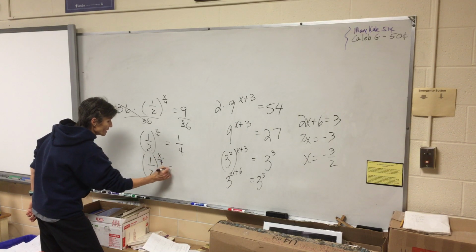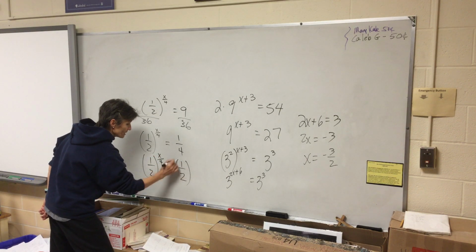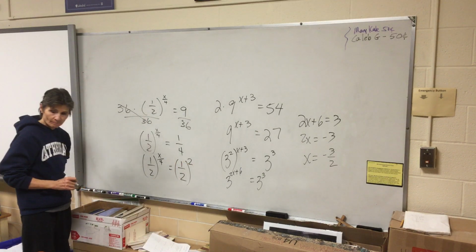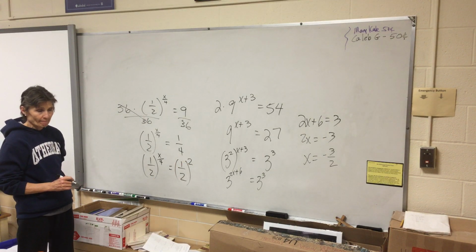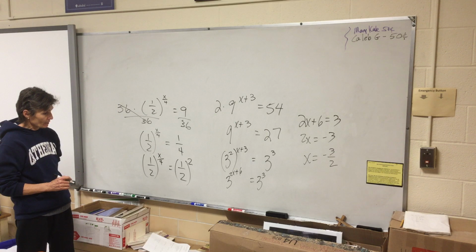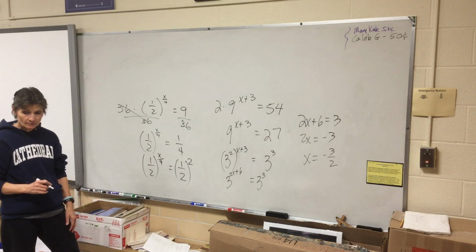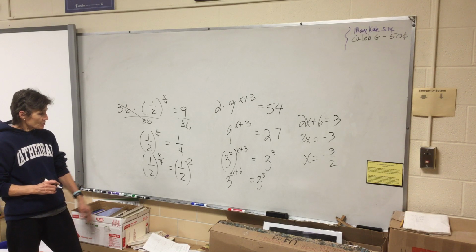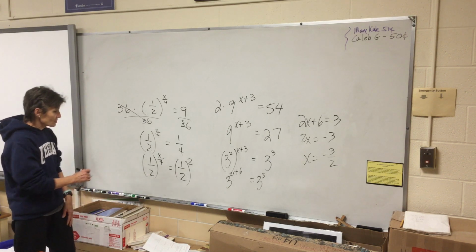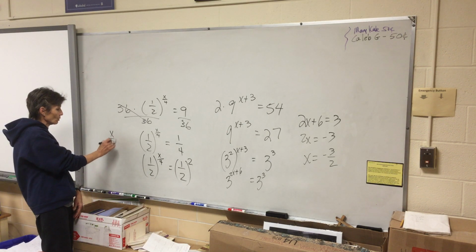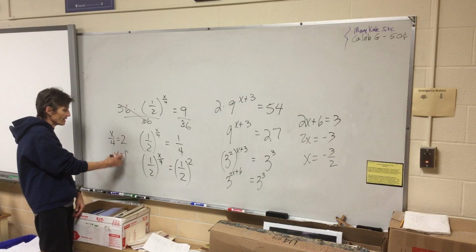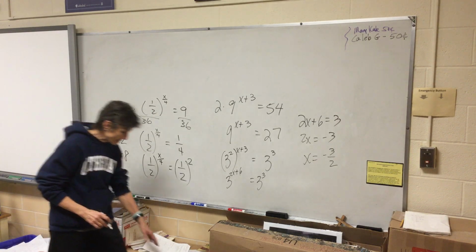That's right. But 1/4 is 1/2 squared. Right? 1/2 times 1/2 would be 1/4. So now we have the same base. So x over 4 equals 2, and it looks like our answer is 8.